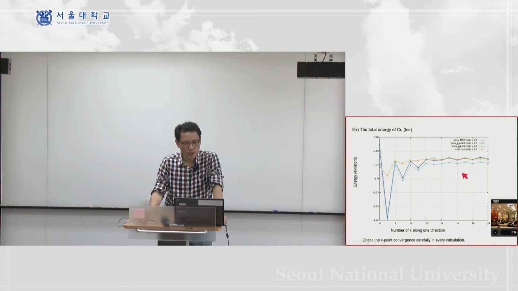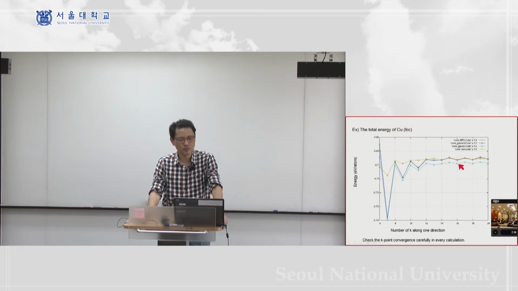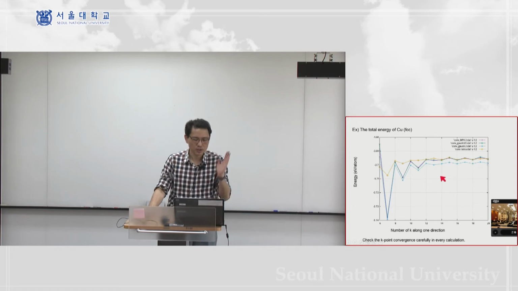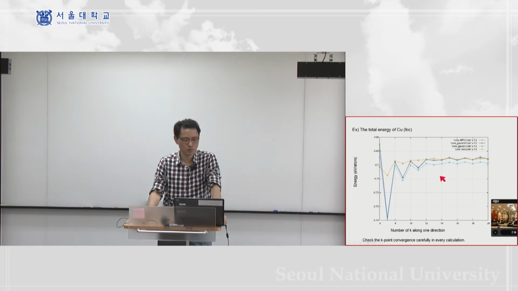They are pretty much similar because of this simple system, and by a certain criterion you can take the necessary k-points by applying some convergence criteria. But k-point convergence depends on your system, so you had better check each convergence independently in every calculation.